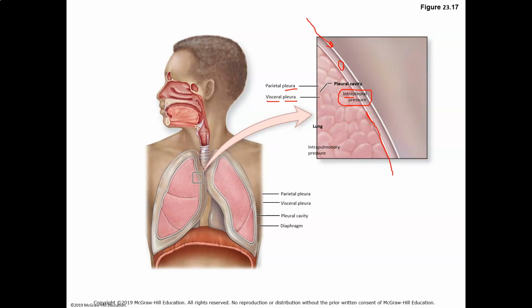The medical term for that is called a pneumothorax. Pneumothorax is a collapsed lung. Lungs collapse because you have lost the intrapleural pressure. You can no longer expand that lung. You have to have that in order for lungs to expand.